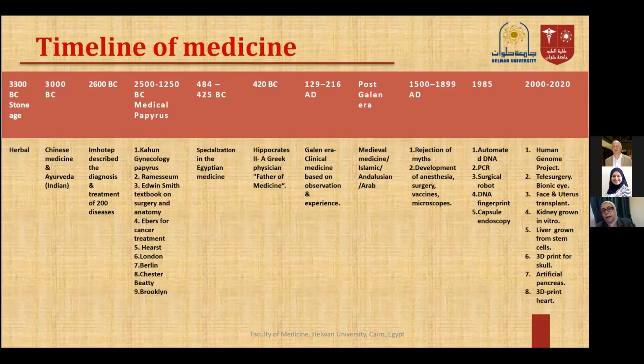Then emerged the Galen era, where clinical medicine emerged, which is based on observation and experience. Then a long time passed in the medieval era. In the Western countries and the Islamic countries, there appeared the Islamic, Andalusian, and Arab medicine.